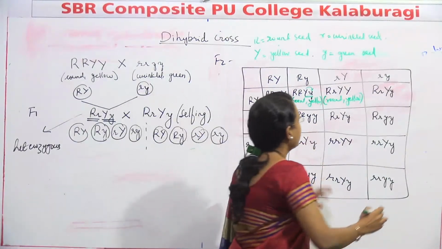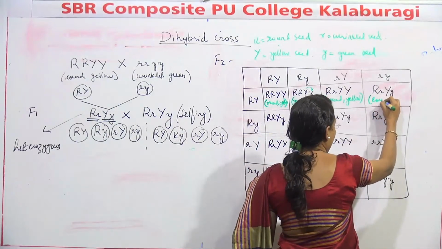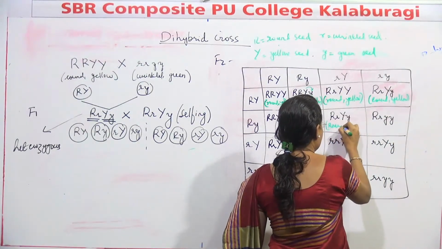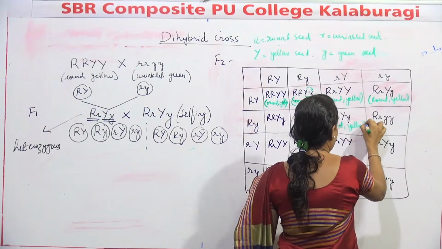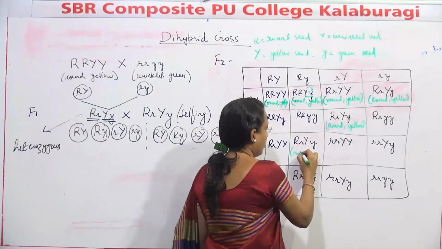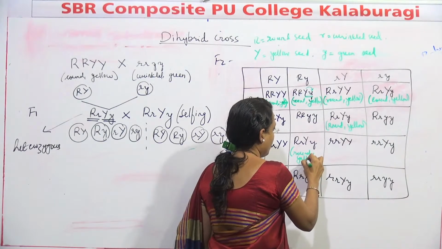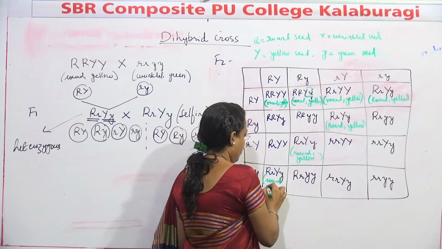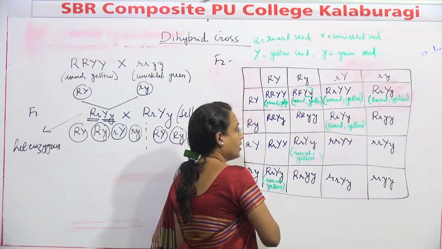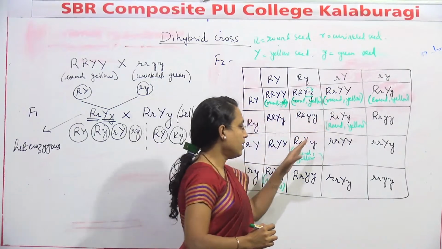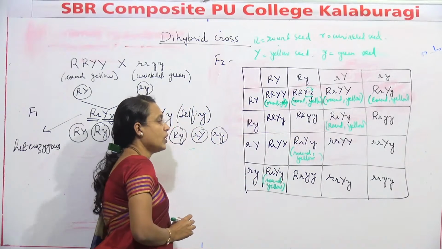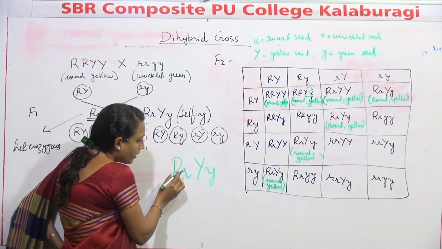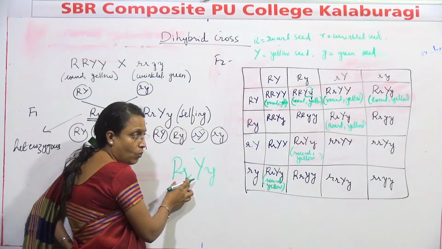Then next is round and yellow again. The same thing will continue for all the cells which are heterozygous. So it is round and yellow. How did you get round and yellow? You have to see here. Same alphabet usually refers to one character.